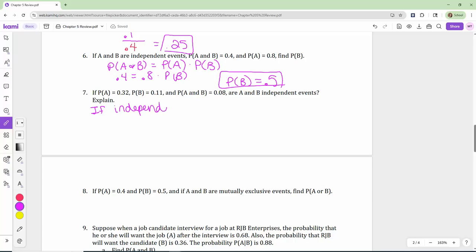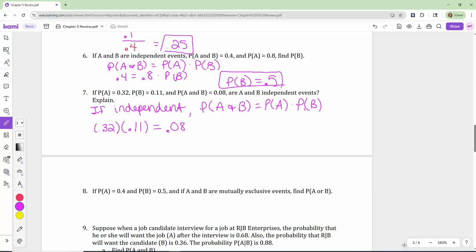If they're independent, the probability of A and B has to equal probability of A times probability of B. So, let's see if that works. Probability of A, 0.32. Probability of B is 0.11. Does that equal my 0.08 for A and B?